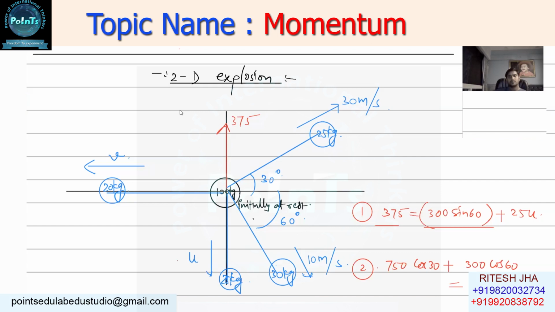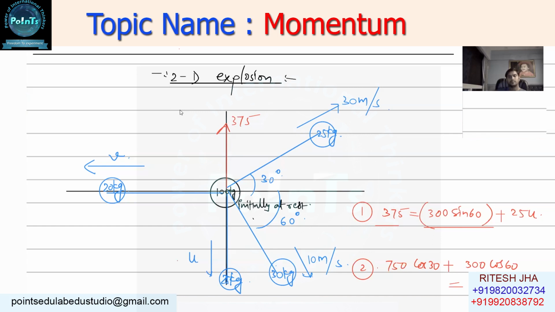20V alone, cos 30 again is root 3 over 2, so 375 root 3 plus 300 times 1/2, 150 is equal to 20V.